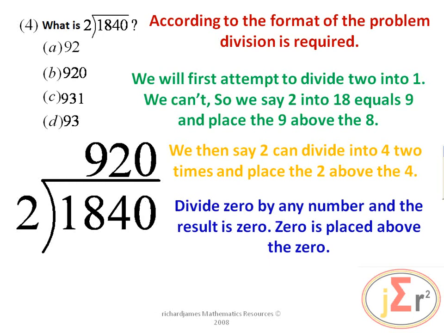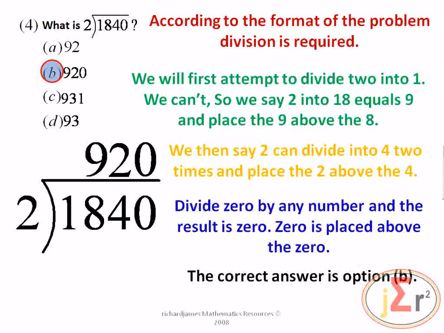What is the correct answer? The correct answer is option B. Now, as we said before, we cannot neglect the fact that we need to include a 0 right here, because this 0 is in what place value position? The ones place value, right? It is in the ones place value column.